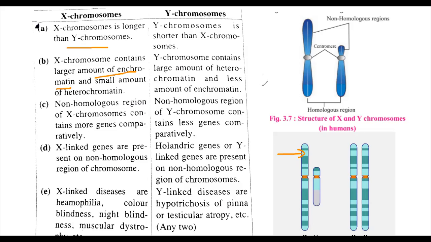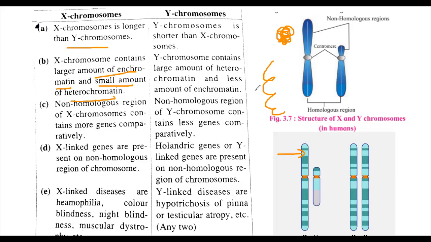Under the microscope, euchromatin will appear light in color, lightly stained, because here the genes are very active and loosely arranged. And what is heterochromatin? In X, there is more euchromatin and a small amount of heterochromatin. Heterochromatin means where the DNA is very compactly arranged.